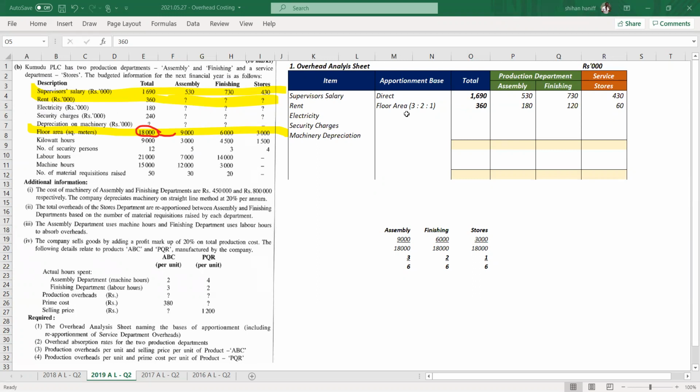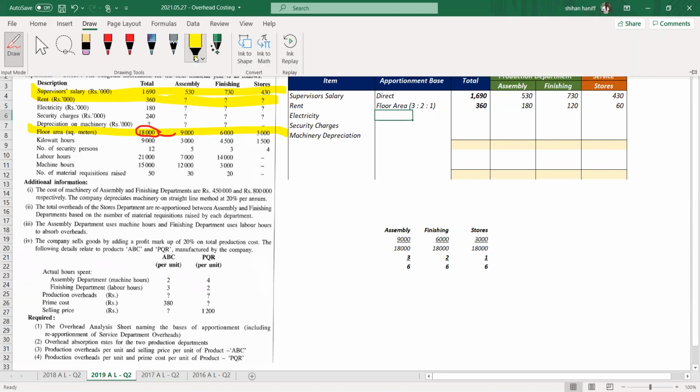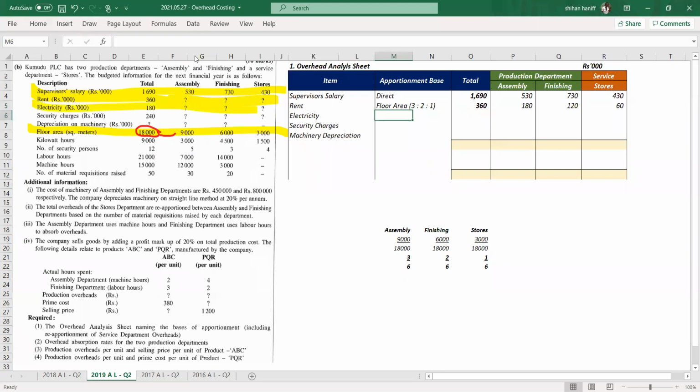Let me explain the electricity also. Total electricity expense is 180. The electricity expense we have to divide based on the kilowatt hours.